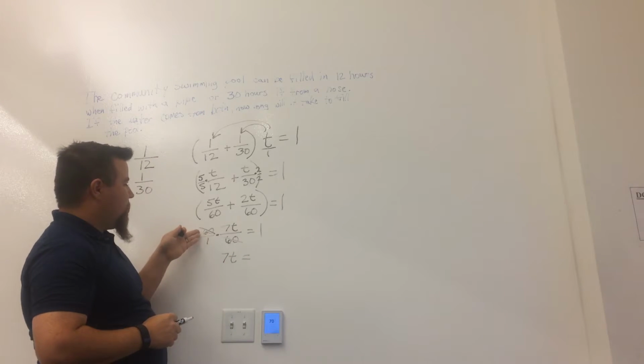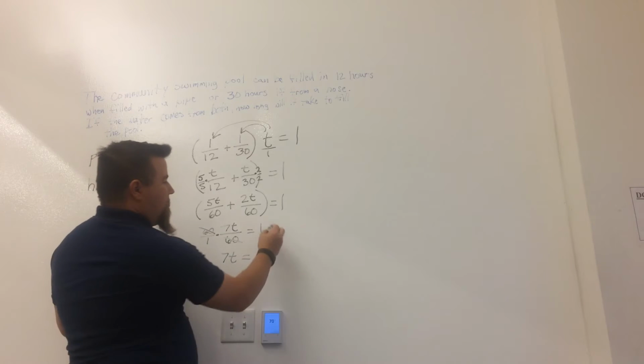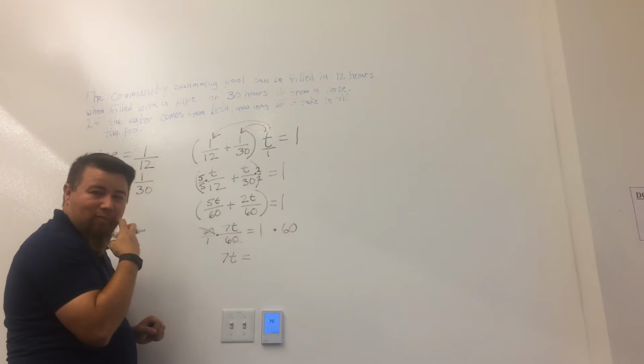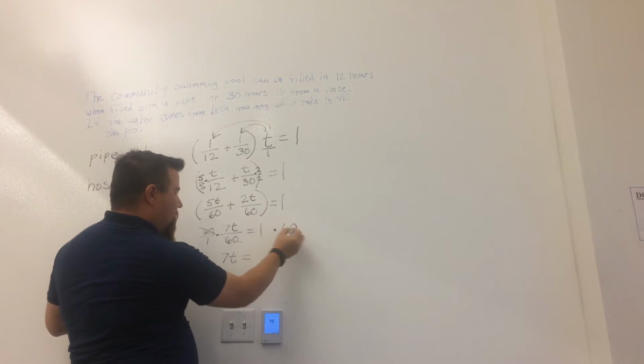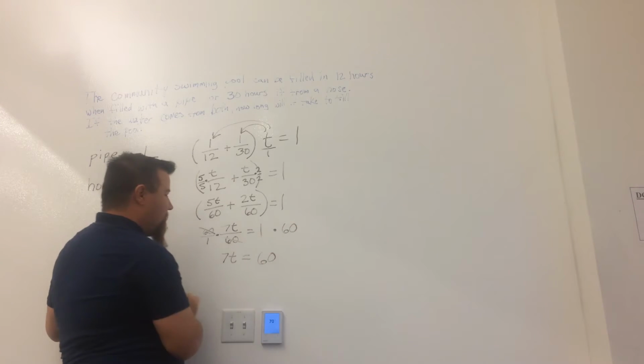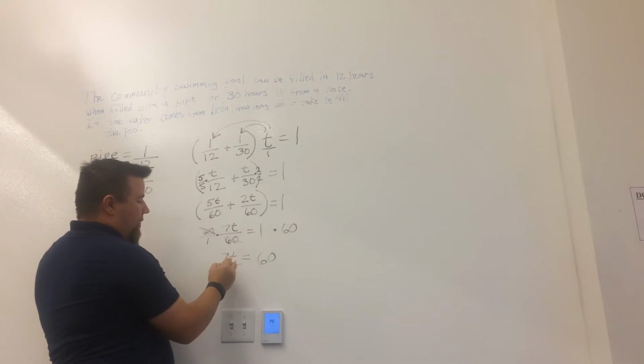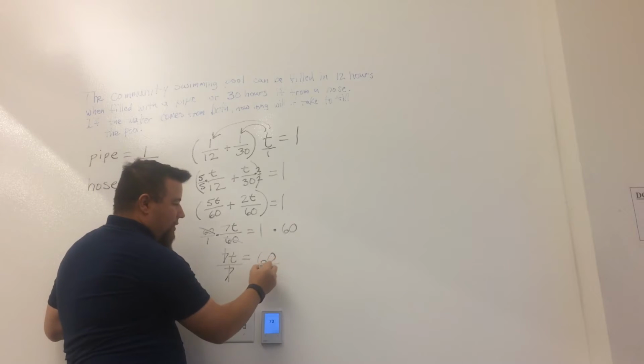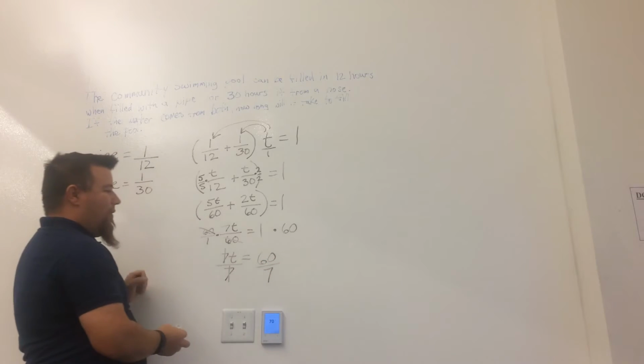And since we multiplied by 60 on this side, we need to multiply by 60 on the other side. So 1 times 60 is 60, and then we're going to divide by 7 so that we can get rid of the 7, and we have to do the same thing on the other side.